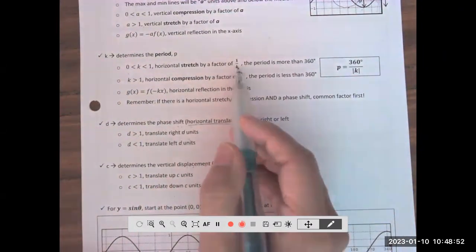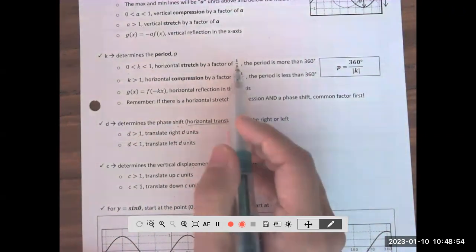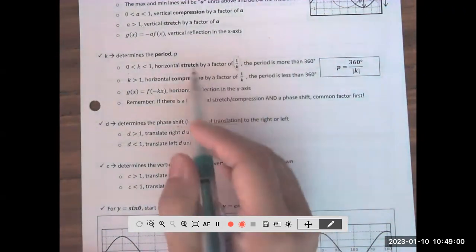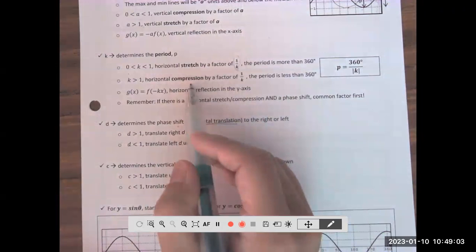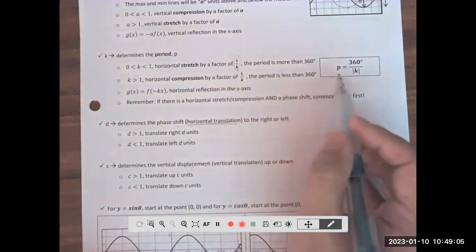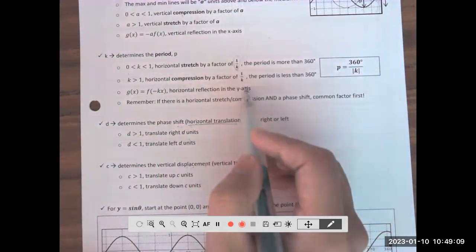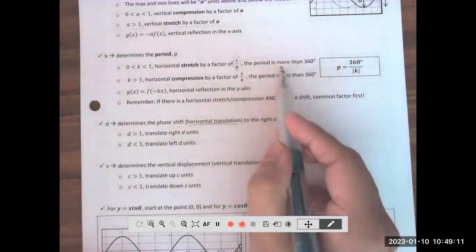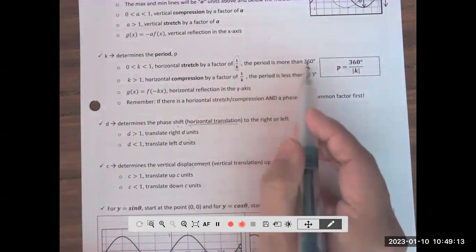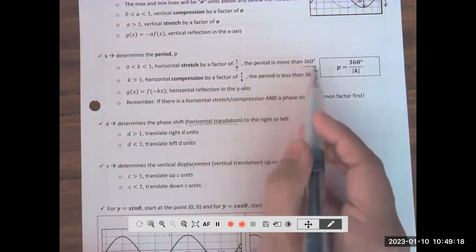So remember before, when we looked at K, we always tried to determine the value of 1 over K to look at whether we were having a stretch or compression. Okay, but now in order to determine whether we have a stretch or compression, we're still going to do that, but the period, if there's a stretch, will be more than 360, which is 1 cycle.